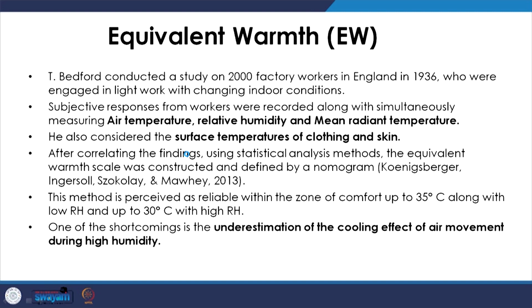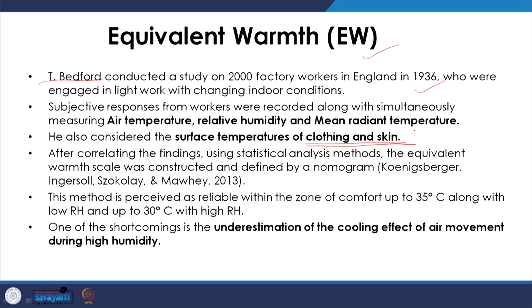Now, more research was happening and new indices were coming into place. Equivalent warmth was developed by T. Bedford in England in 1936. Here, for the first time, he considered the surface temperatures of clothing and skin.